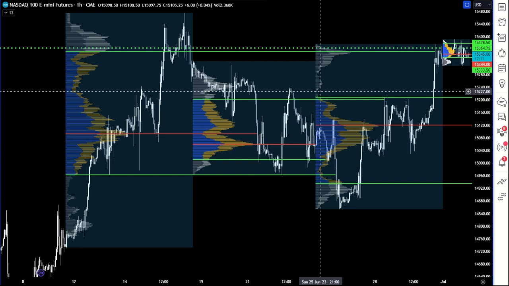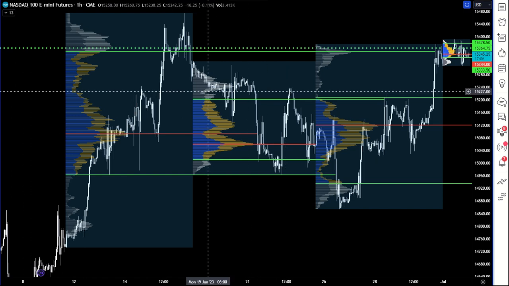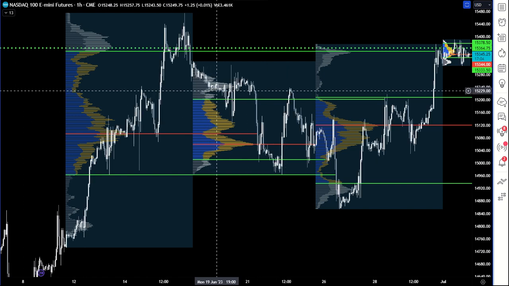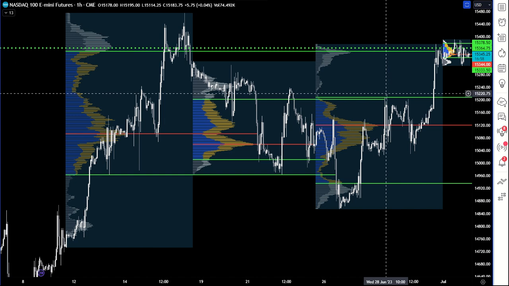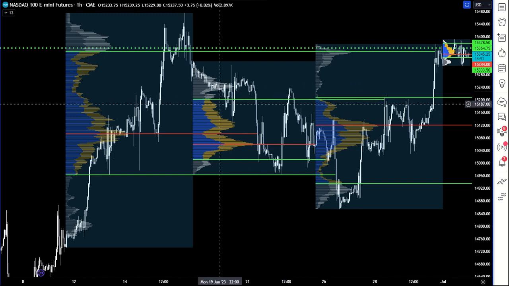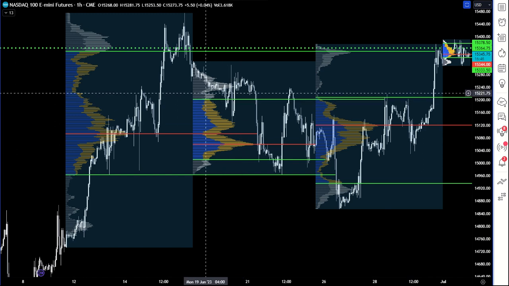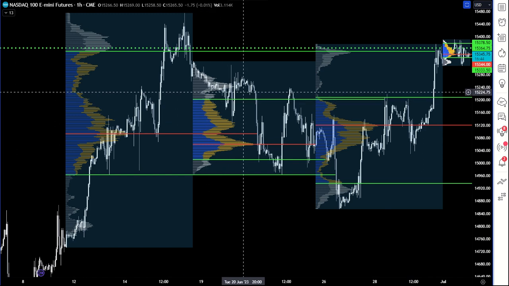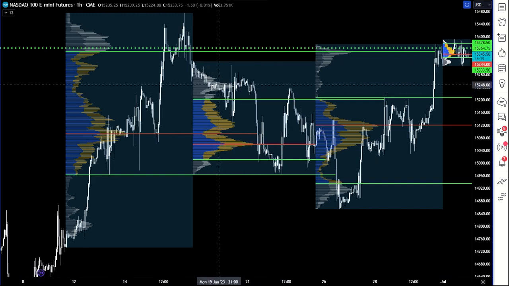For instance, if we look at this right here, this was a low volume node and a shelf, it was a rejection here, and it came up right up to that part of this low volume node here. So you see the price came right up to here, which was the bottom of this low volume node. So I'm going to mark that as a zone.